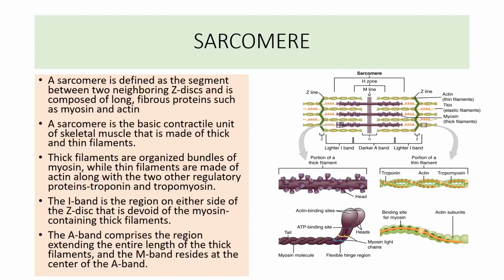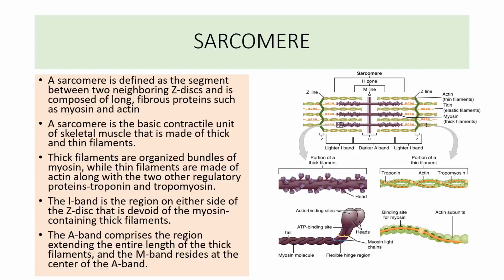So the A band, that is an anisotropic band, and the I band, that is an isotropic band, form part of the sarcomere.